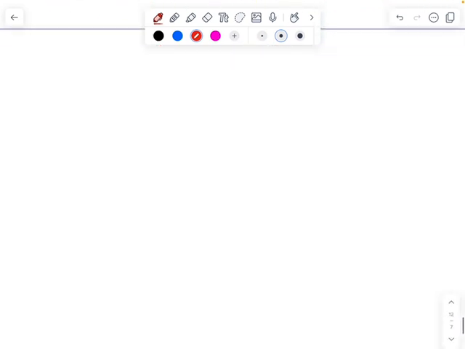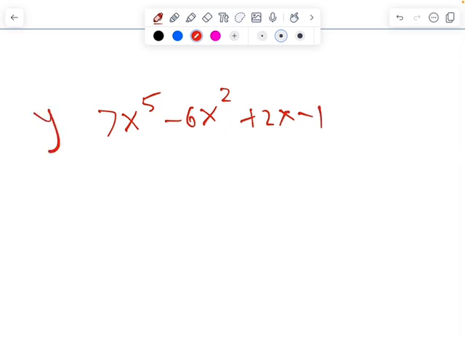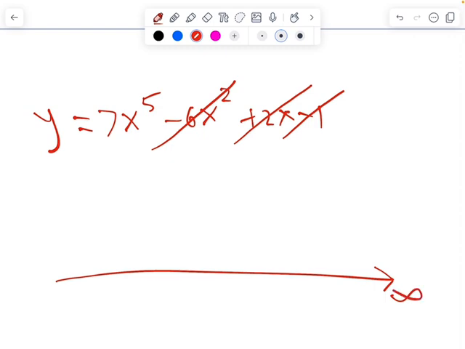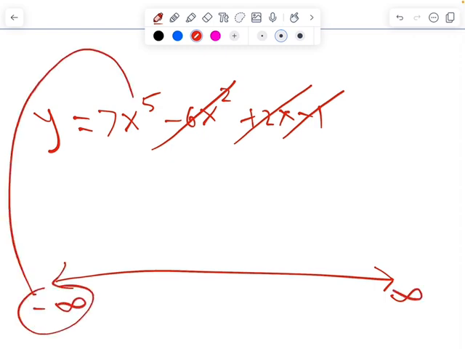Another end behavior one. We've got 7x to the fifth minus 6x squared plus 2x minus 1. Now again, for all of these, you can ignore that one and ignore that one, and think of a graph. We've got infinity. We've got negative infinity. So let's take negative infinity and plug it into our equation.